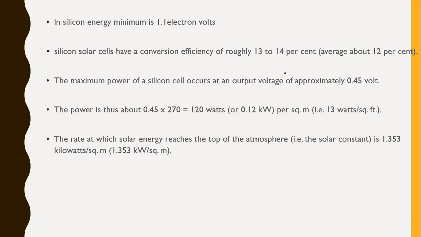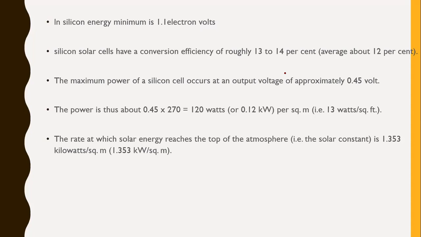If there is full sunlight, the current from a commercial cell is roughly 270 amperes per square meter of exposed surface. Okay, per square meter of exposed surface we are getting 270 amperes.